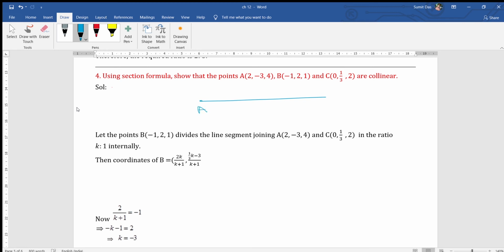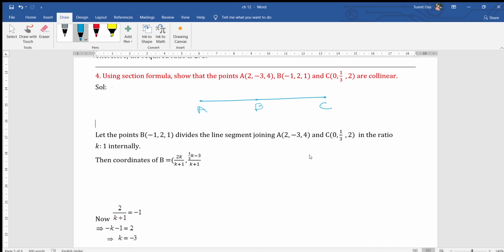A, B, C are points, and we have to show that A, B, C are collinear.